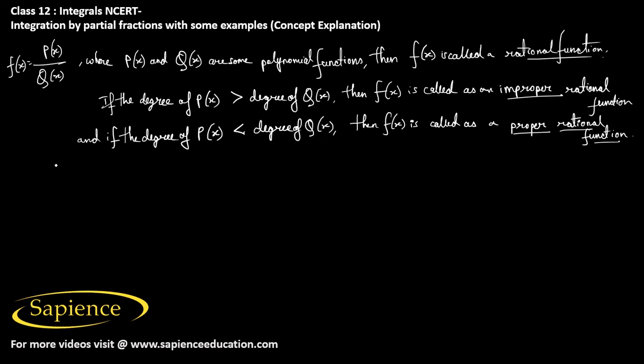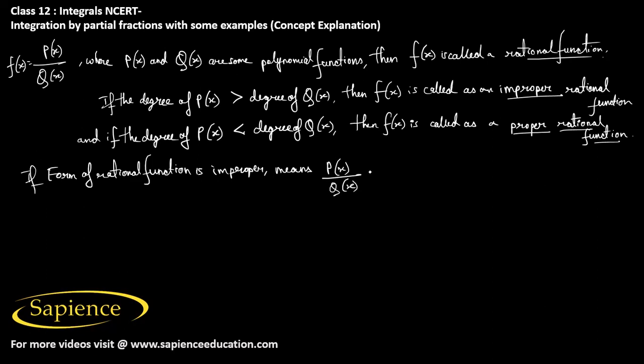Okay, so the first thing is that if the form of the rational function is improper, it means that suppose the degree of p of x is more than the degree of q of x, then p of x by q of x can be written as some t of x plus p1 of x by q of x.